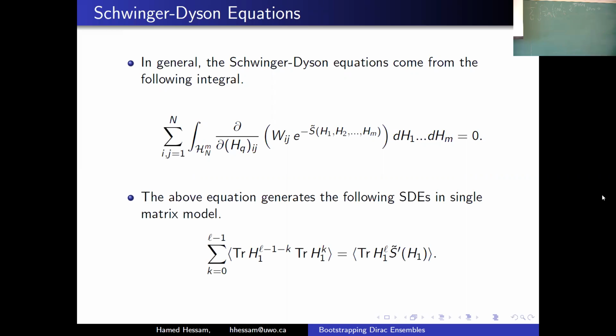The boundary looks like that, and if you cut this one, you will get 2 boundaries. That's why we get 2 traces of M to the power of something.